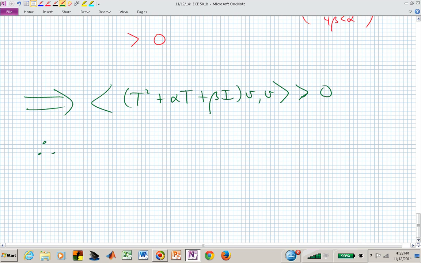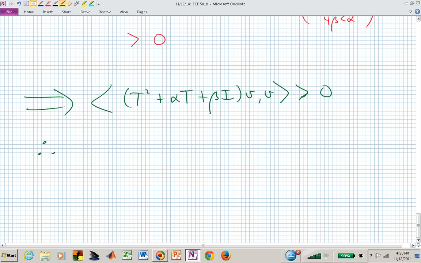If we have an operator times a vector, and that now gets inner product with the same vector, and we know that it's bigger than 0 when v is non-zero, what's that saying about that operator? Pardon? It's injective, isn't it? Or that there's no null space, or there's only a trivial null space. There's no non-trivial null space.